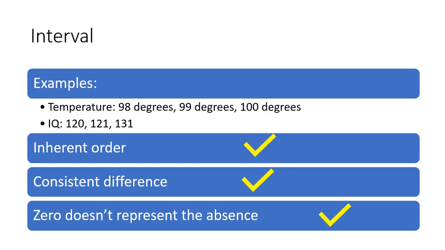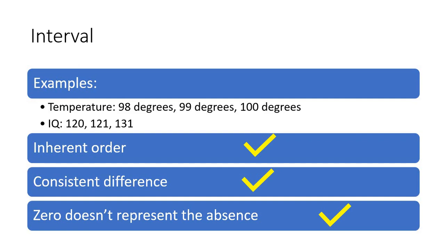So you can precisely tell how much difference there is between 98 and 100, 98 and 99, 99 and 96 maybe, or 105. You can calculate this difference, and the difference is consistent in the sense that there is the same difference between 119 and 120 as there is between 120 and 121.